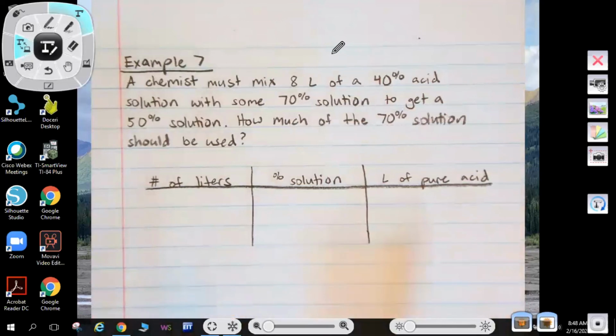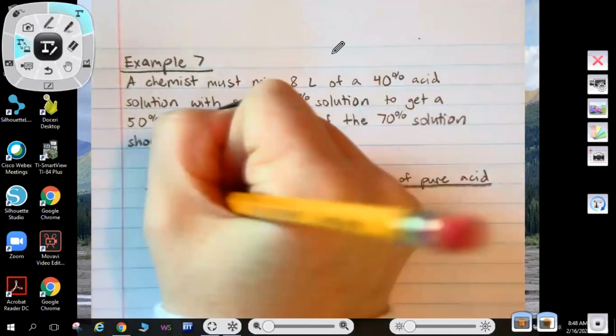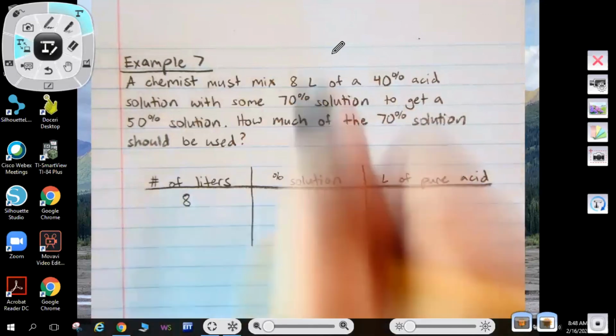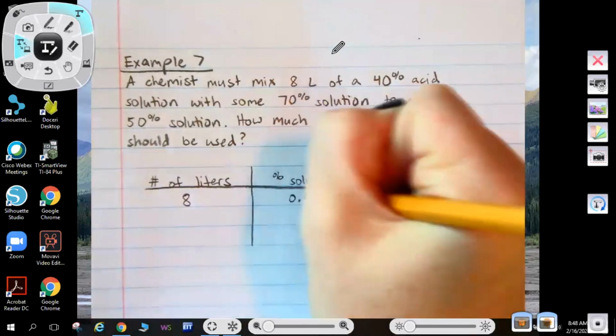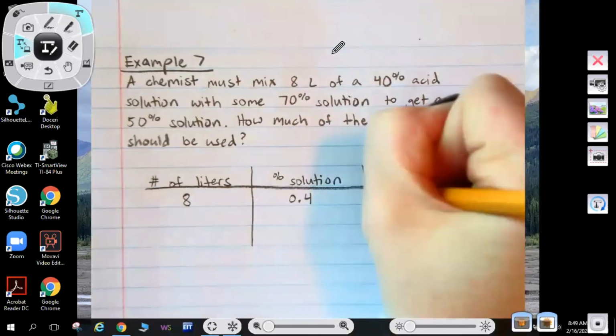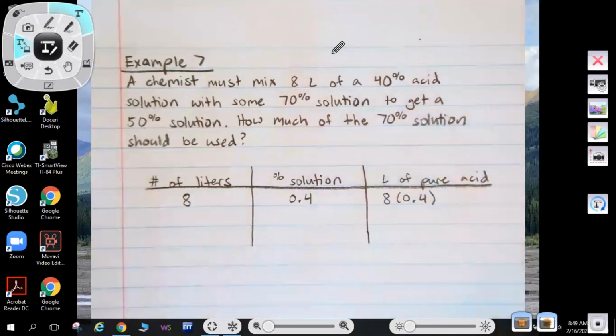So the first thing it tells us is that this chemist has 8 liters of a 40% solution. So 8 liters of a 40%, let's go ahead and change that percentage to a decimal. That's 0.4. So within that solution, to find the liters that is just pure acid, we take the total number of liters and multiply it by the percent of acid.